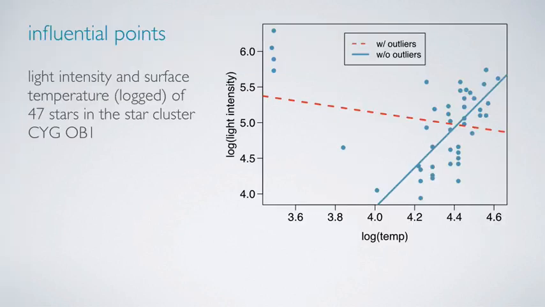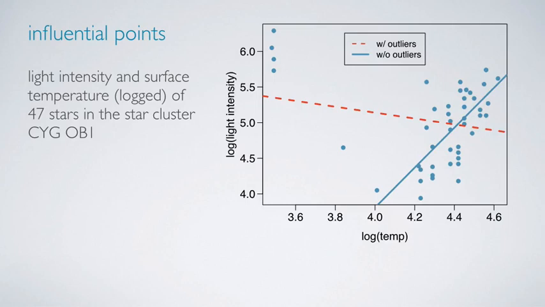Here's another example of influential points. Here we have light intensity and surface temperature, both of which are logged, of 47 stars in a star cluster. We can see that there are two different types of stars, ones that have a lower temperature and ones that have a higher temperature. The solid blue line shows us how the regression model would look if we were to ignore the outliers.